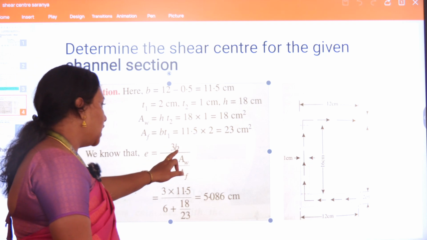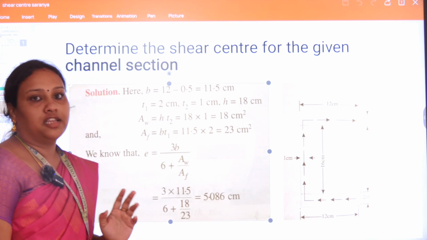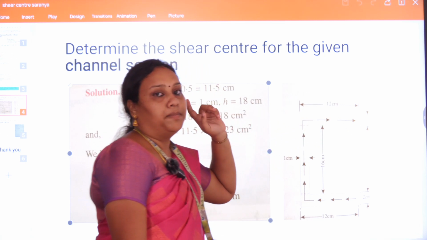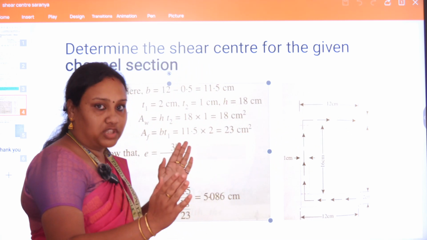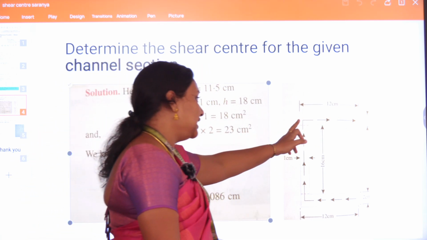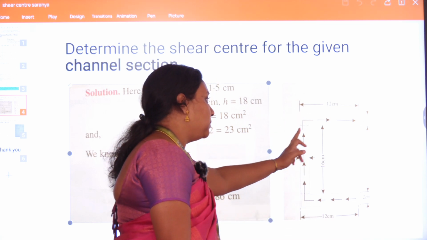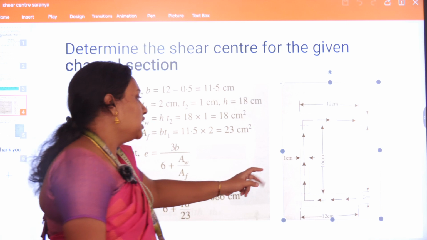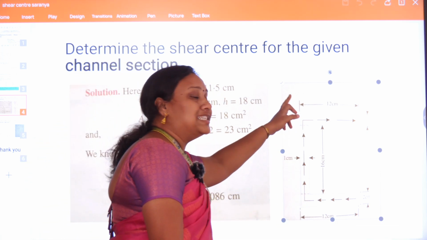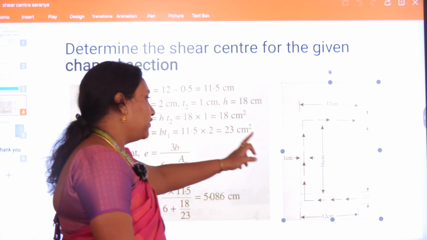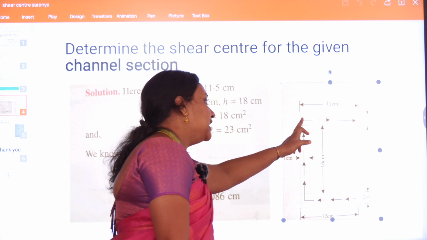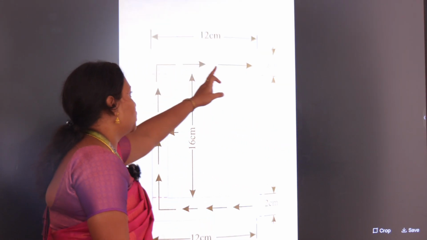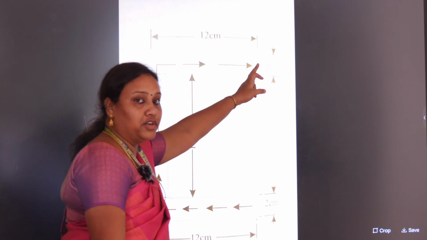Now, we should know what this b is. b is nothing but the width of the flange. But you are not supposed to take the whole width of the flange. You have to take from the center of the web to the end of the section. That value is b because the shear flow takes place along the center of the section. So you have to take the value from the center of the web portion till the end of the flange.